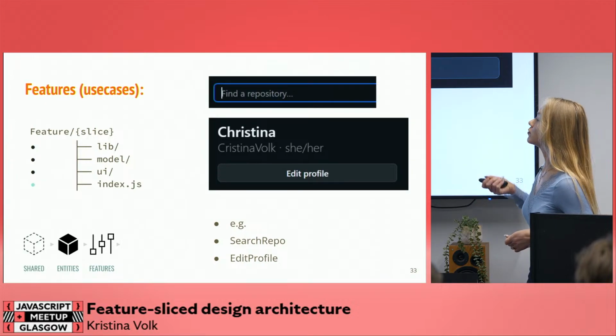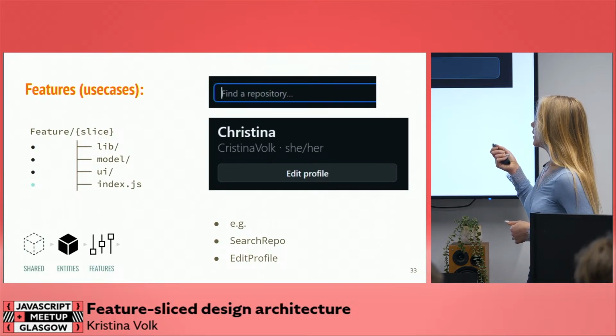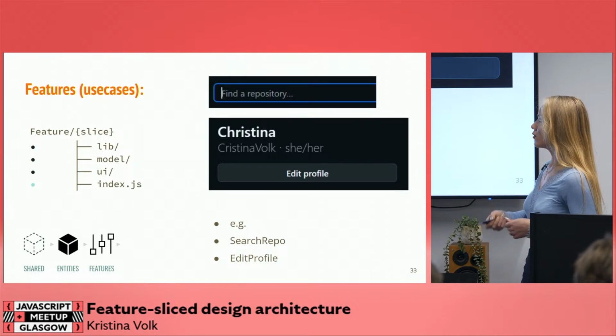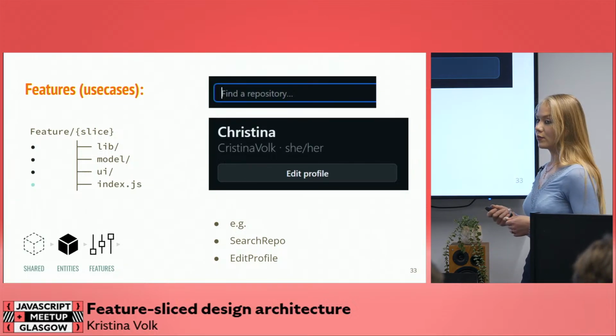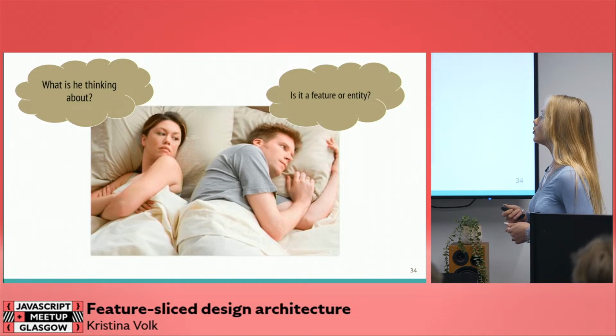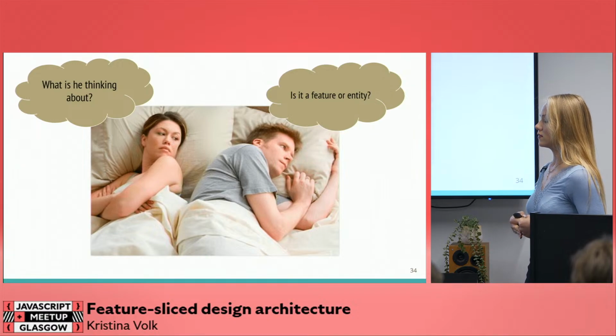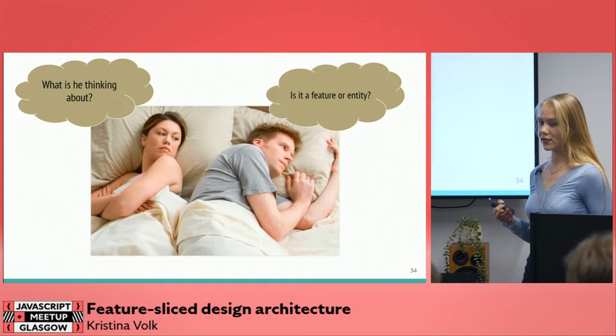So we can also define it that way, and we can notice even now that edit profile is an action over profile, and profile can be an entity. So there is much confusion about what can be related to the features or entities, but yeah, the main difference is that use case is an actual use case that brings some business value here.